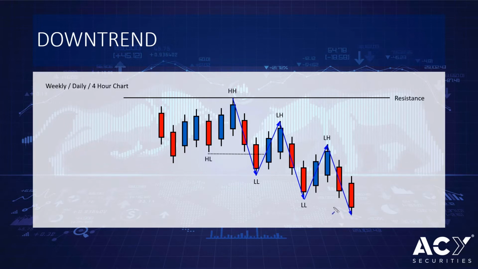Okay, so that's what a downtrend looks like. Now when we're dealing with an uptrend or a downtrend, we're expecting that the trend will continue. So there's the opportunity to make further profits as the market continually moves up or down.